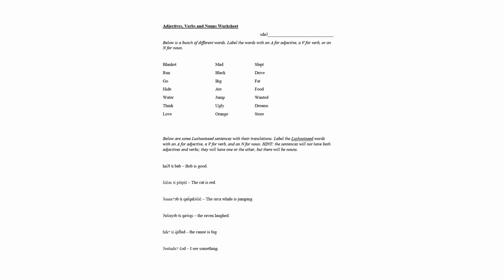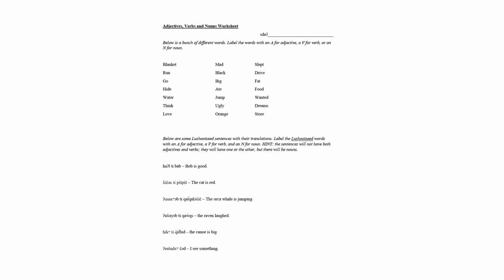The raven laughed. If uchayab is technically laughing, what type of word is that? Adjective. Verb. It's a verb? Oh, because it's what he's doing. And caux is a noun. Raven is a noun.